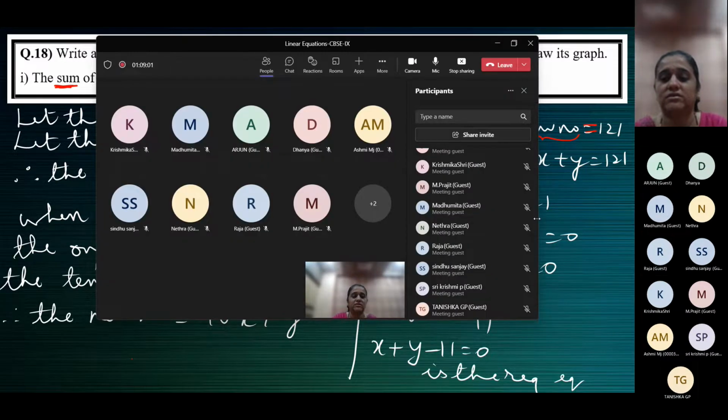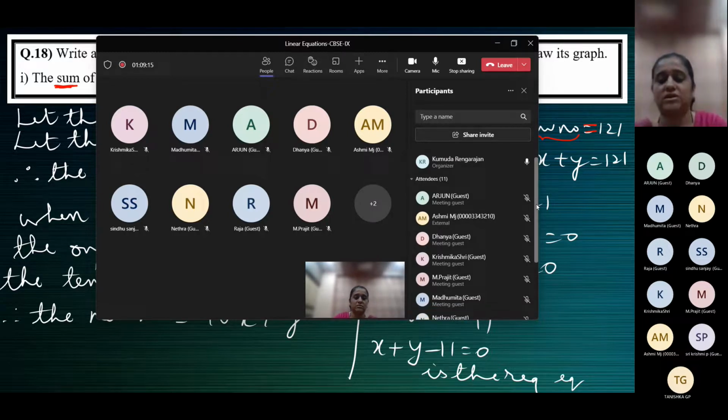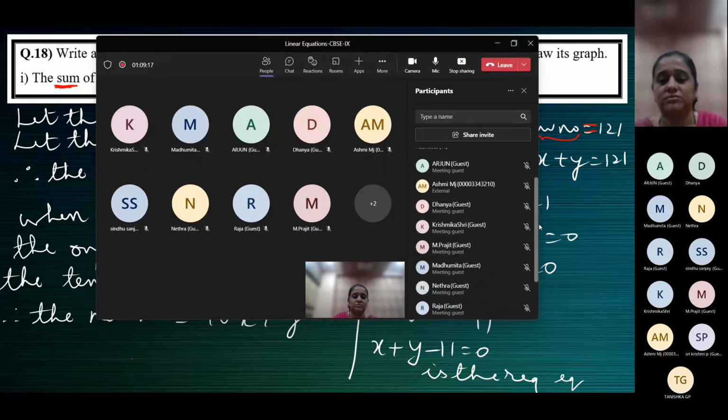Srijana, are you there? See, Arjun, Srijana, Rajat also, less interaction than it was earlier.